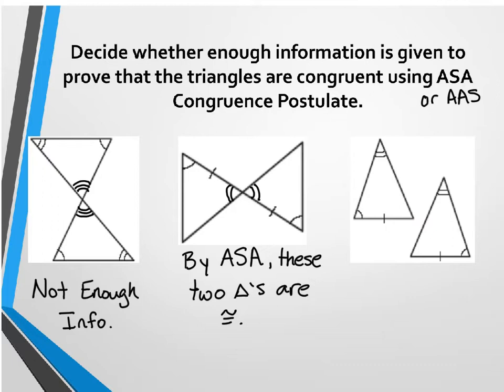So that follows the angle side angle congruence theorem, because we go in order: angle, side, angle. All three of those are shown congruent to corresponding angles and sides in the other triangle. So there is enough information to show these are congruent, and by angle angle side, these triangles are congruent.